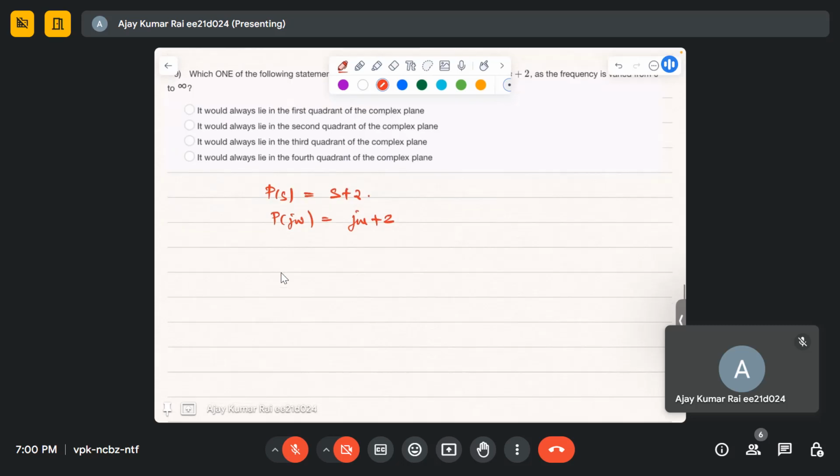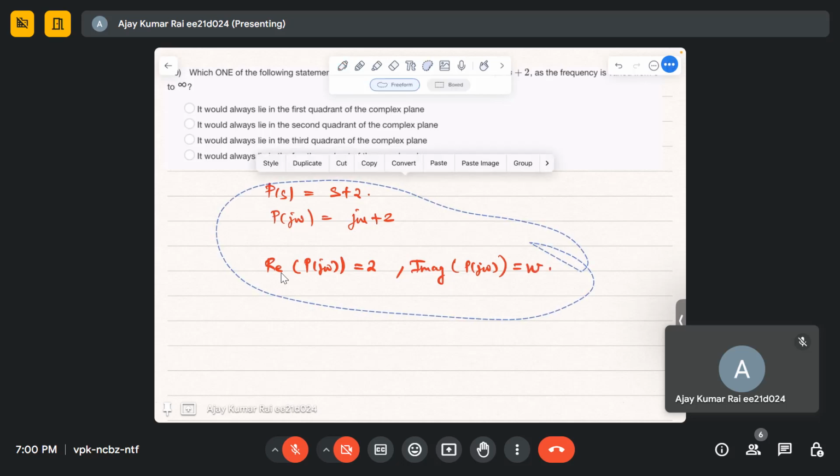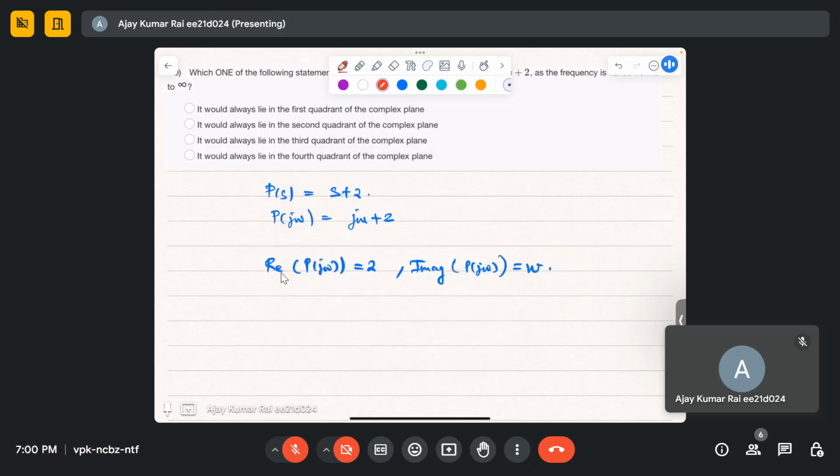So what is its real part? Real part is 2 and imaginary part, in this case, is omega.